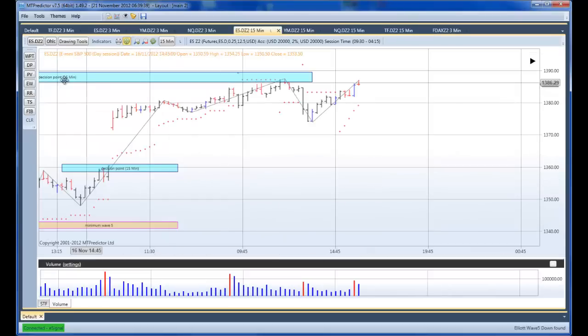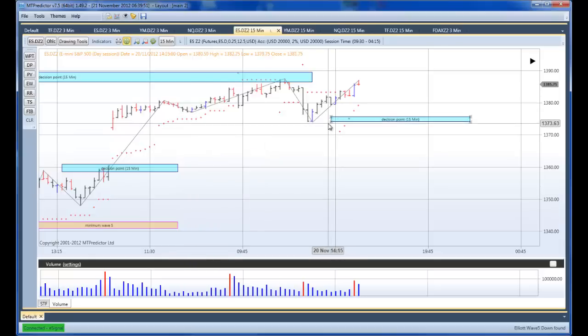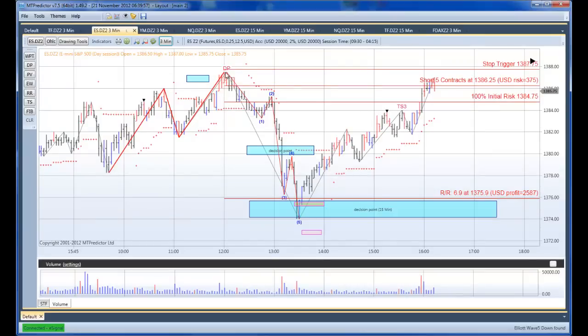We then extended that ever so slightly on the ES to get our 15-minute resistance there. We also put our 15-minute support on from this low here, which nailed the low of the ES later on. We then combined that all together with the automatic sell setup here. Remember, not this one here because we weren't at 15-minute resistance, but this one here. That allows us to take a new short trade at pretty much the high of the day.